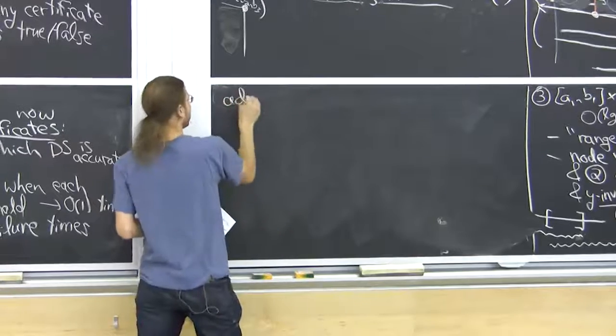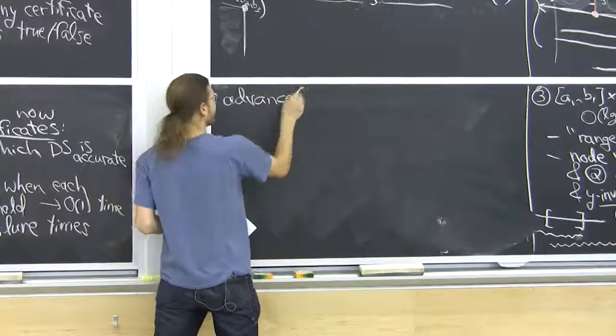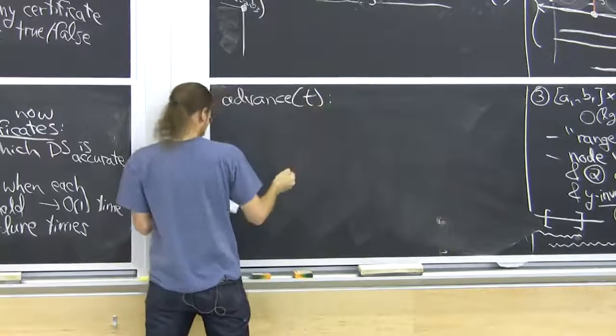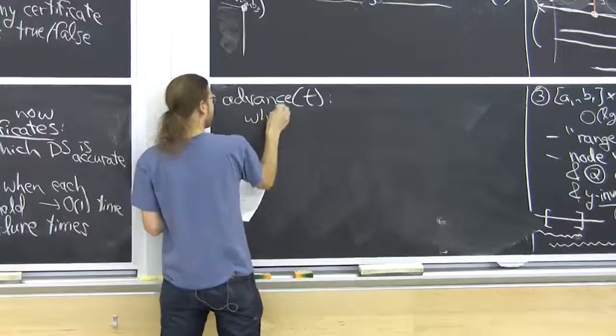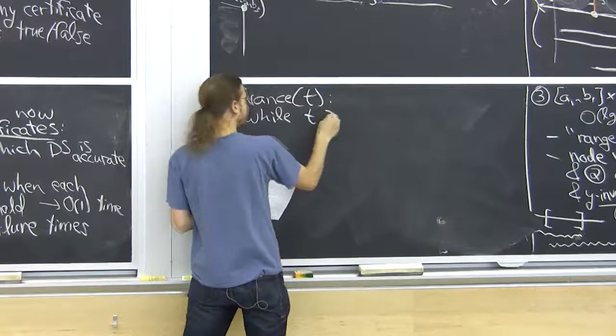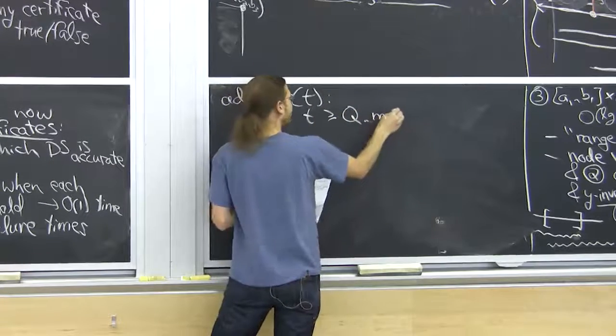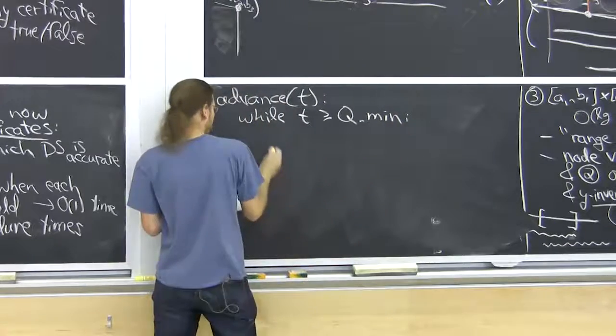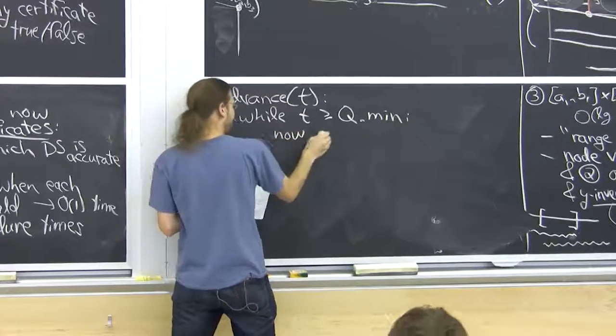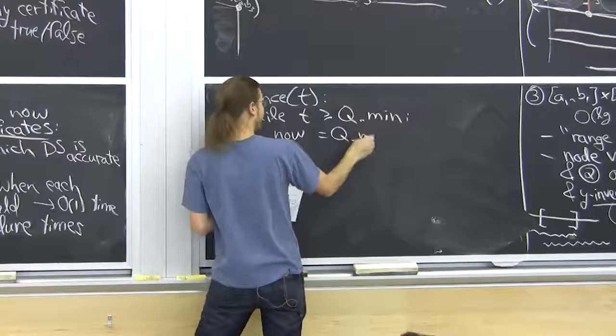So here's how we're going to implement advance. Basically, in all kinetic data structures, we just say: while t is greater than or equal to the next failure of the priority queue, we advance to that moment in time when something interesting happens.